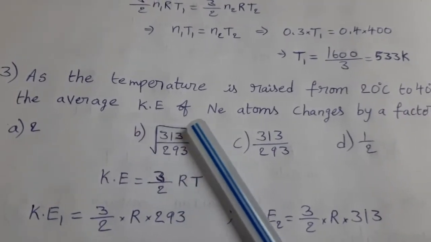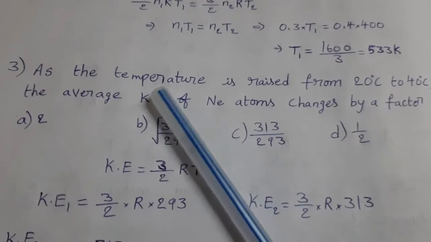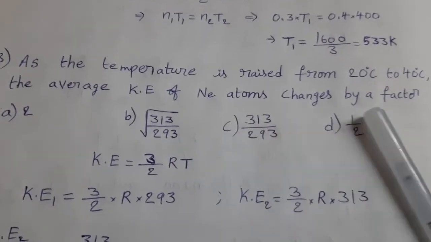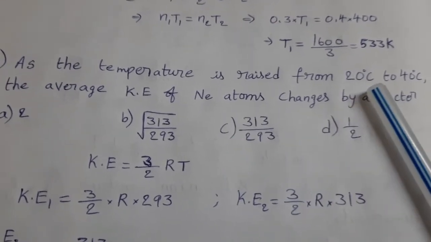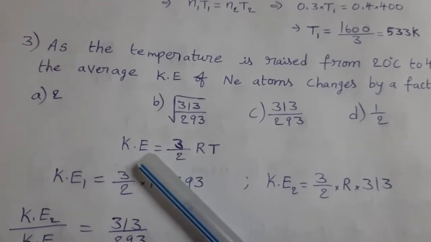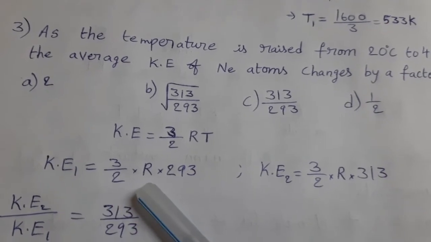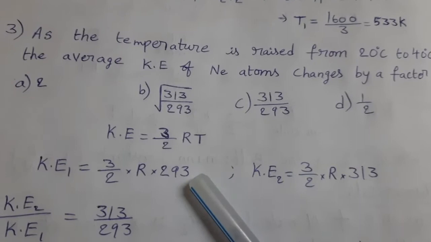As the temperature is raised from 20 degrees Celsius to 40 degrees Celsius, the average kinetic energy of neon atoms changes by a factor. Here substance is same, temperature is different. Ke equal to 3 by 2 RT. Ke1 equal to 3 by 2 into R into 293 Kelvin, that is 20 degrees Celsius in Kelvin scale.